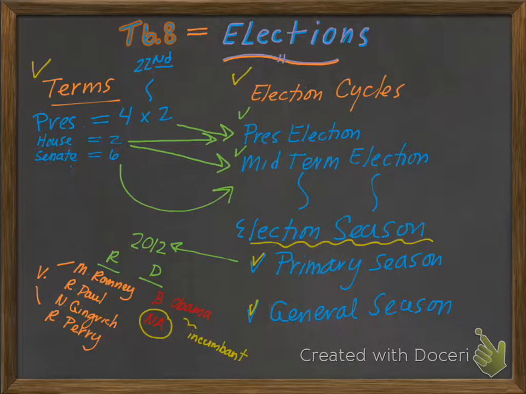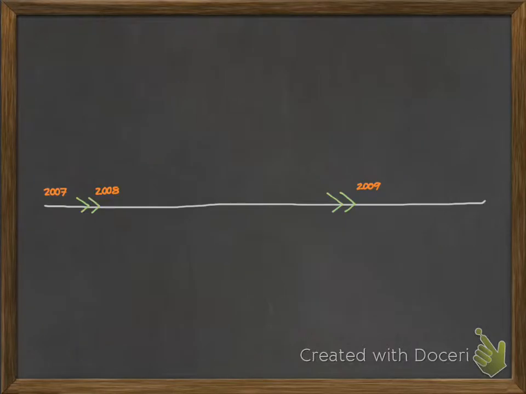Okay, I think the best way to show you how this works is to actually have a kind of a timeline. So we're going to actually start out with the timeline that goes back to the 2008 election cycle. What I want to do here is just show you visually or graphically how this works. So the 2008 election cycle, we'll just draw a little bracket here.